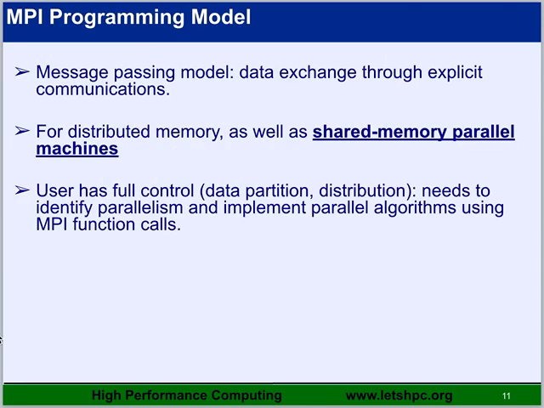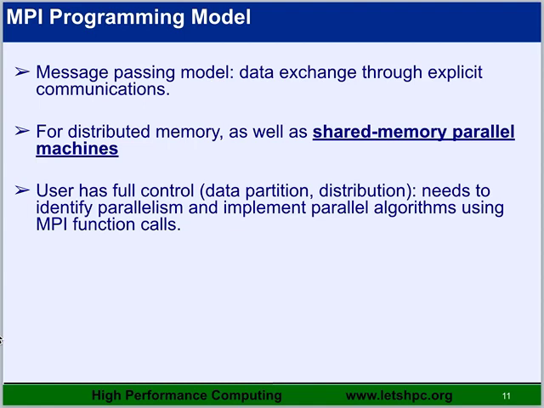So, to summarize what we have discussed till now, we are talking about a model which we call the message passing model. Here the data exchange takes place explicitly through communications. This message passing interface model works for both distributed as well as shared memory parallel machines, and the programmer has full control over the data partition and distribution.